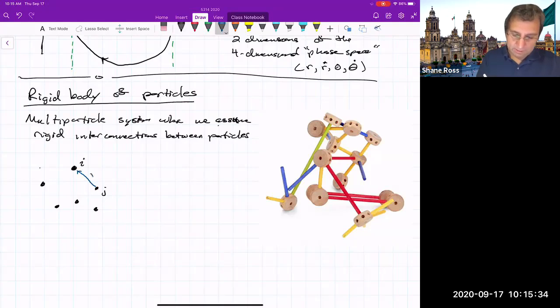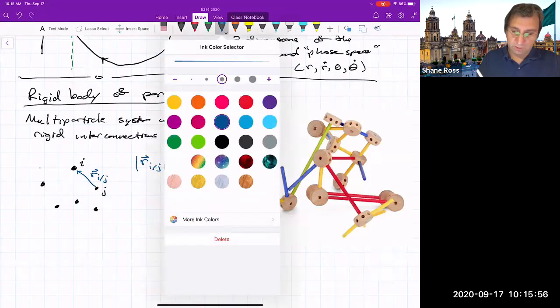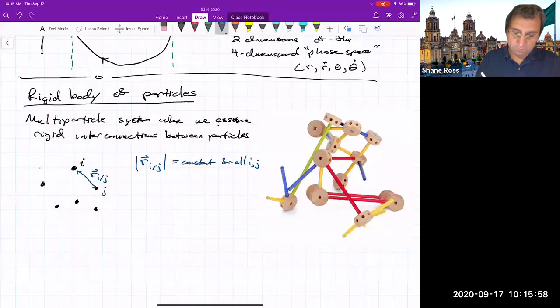So this would be R-I-J. We say that the magnitude of that is a constant for all I and J, so for every pair of particles. They're all just rigidly interconnected.